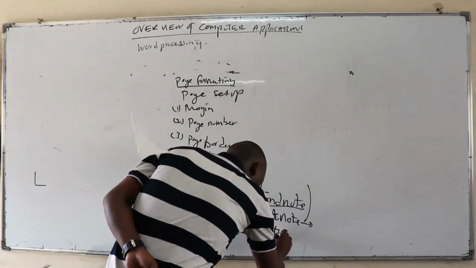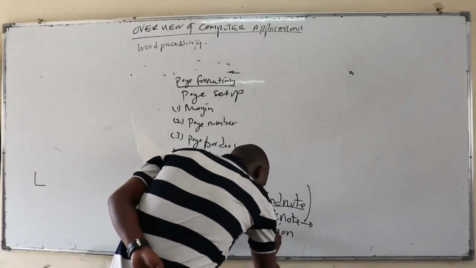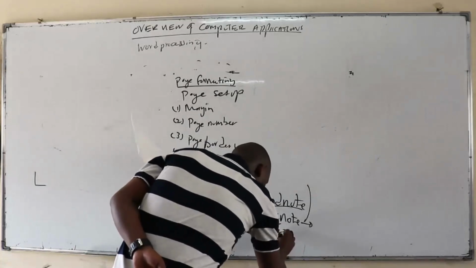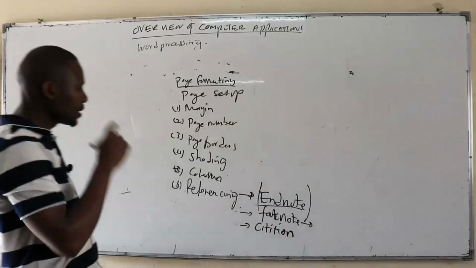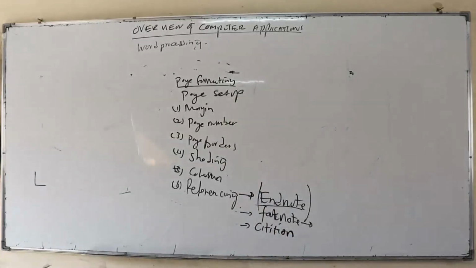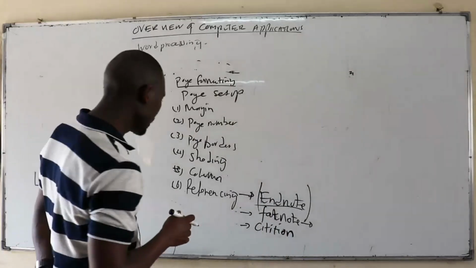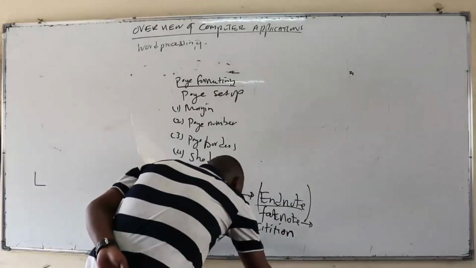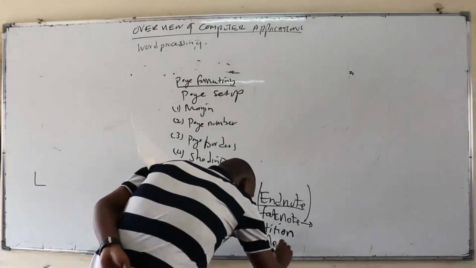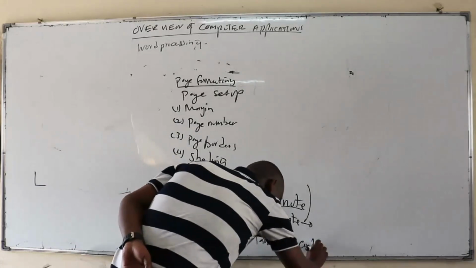Citation normally shows a specific format for setting up the reference. That is, you can use several citation styles. And finally, we have the table of contents.